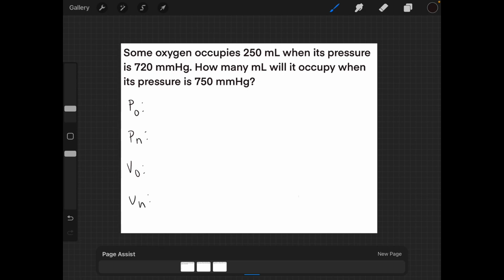And then I'm going to fill in any information that I'm already given. Now I'm going to set up the foundation for my equation. This will be the same setup for any problem.